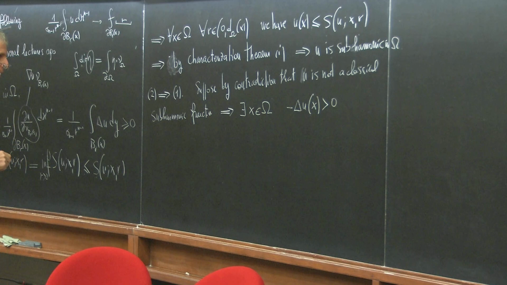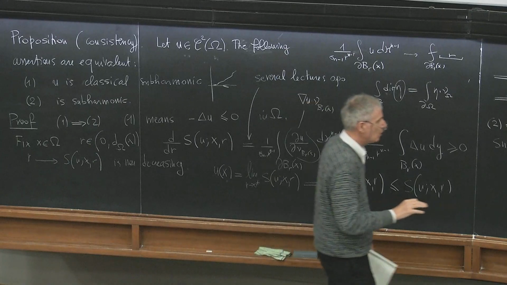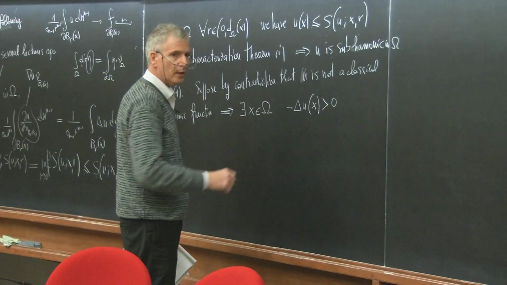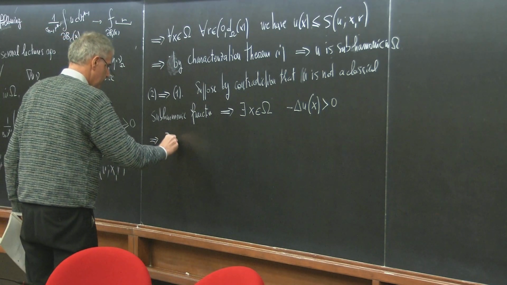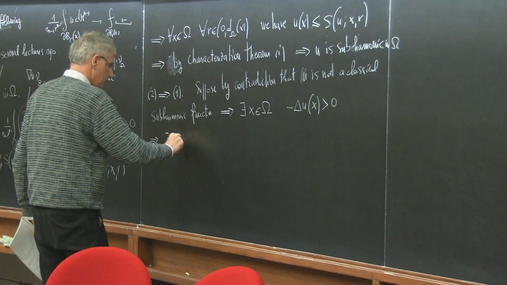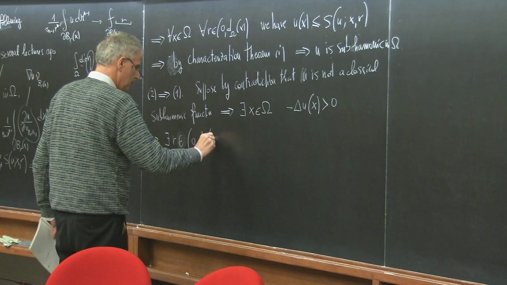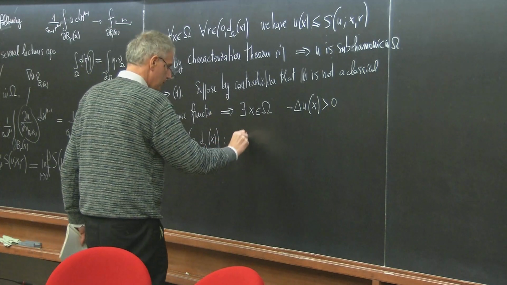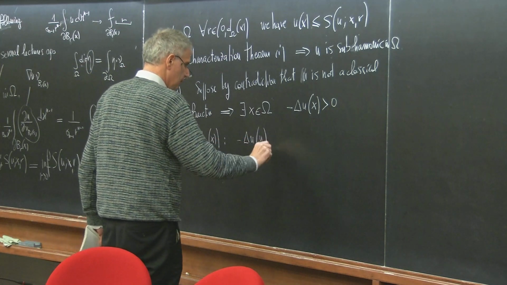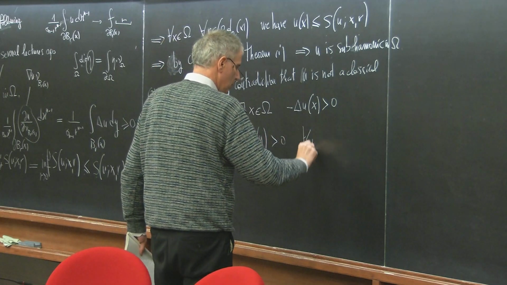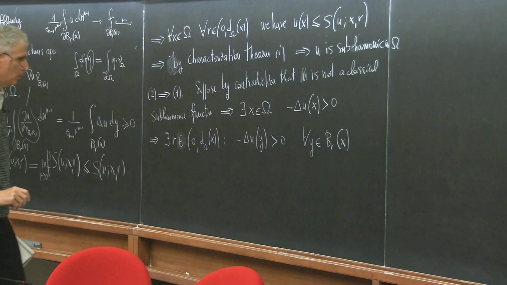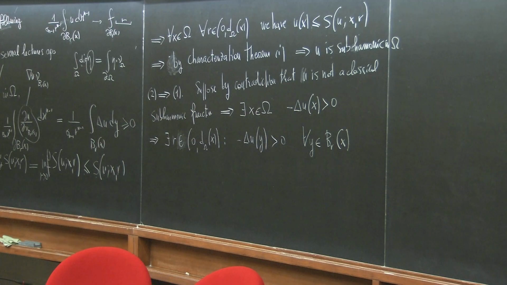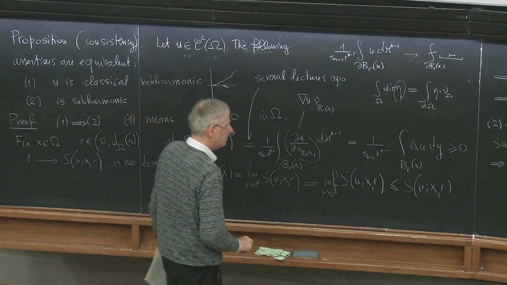Now u is C2, and therefore the Laplacian is continuous, and therefore this inequality remains valid in a small neighborhood of x. So there exists r positive, between 0 and the omega x, such that the same inequality remains valid for any y in B_r(x). Now again we look at this object here.